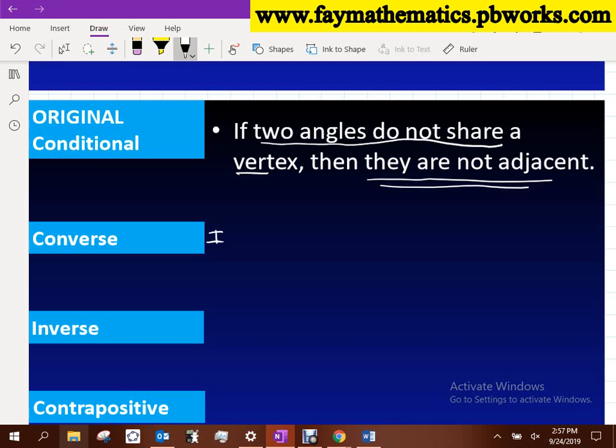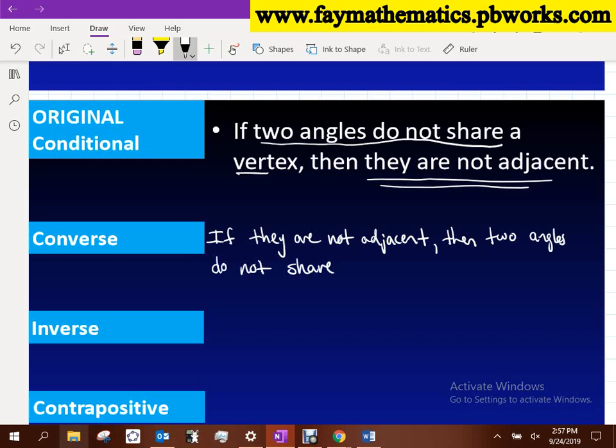So I'm going to write, if they are not adjacent, then two angles do not share a vertex.